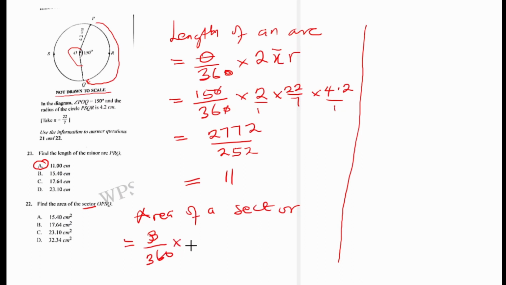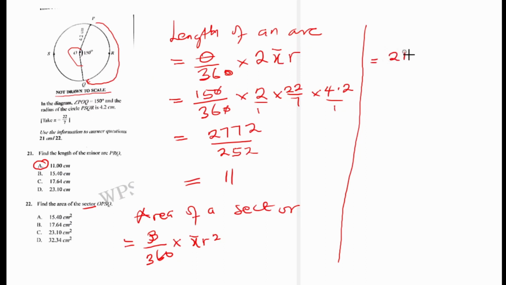Do you remember that formula? Yes, that is pi r squared. Total sum of angles about a point, do you know that? Yes, 360. So if this is 150, what do we get here? That is 360 minus 150, and that will give us 210.